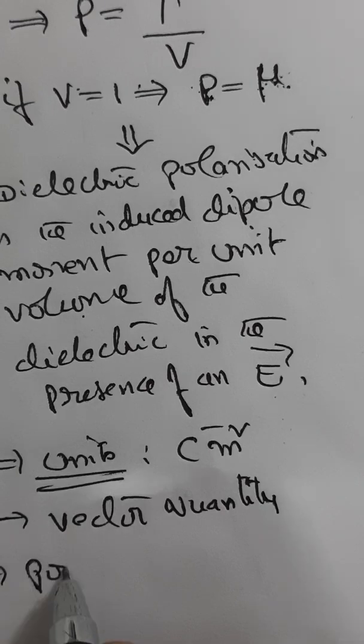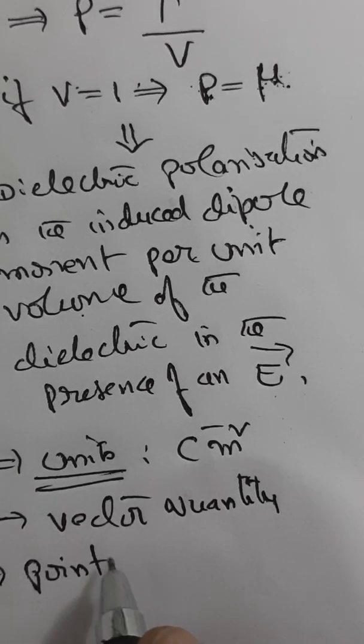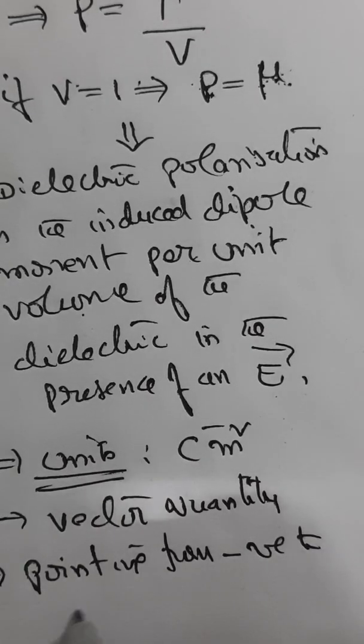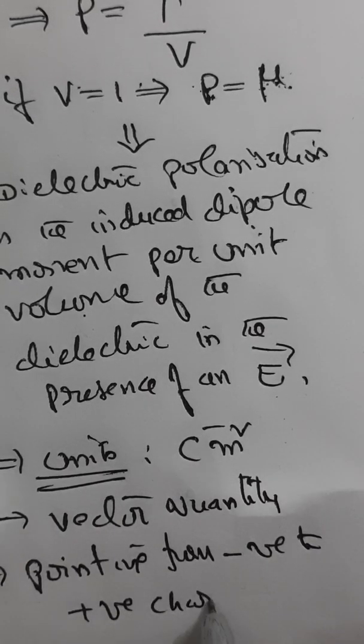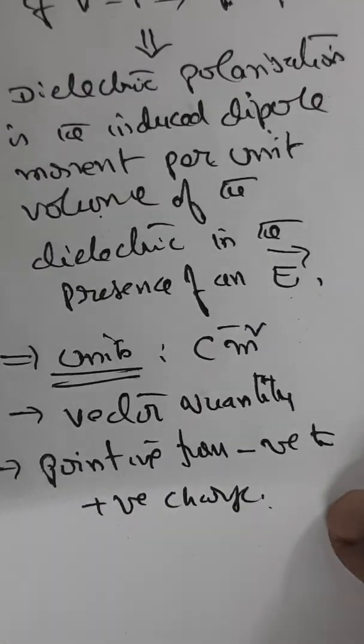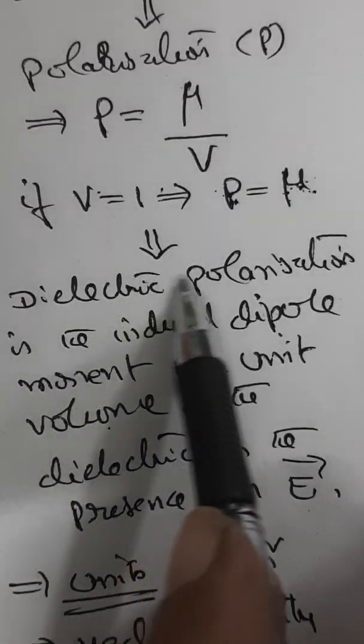That means just like dipole moment, it is pointing from negative to positive charge. How can we say it is negative to positive charge? What after all we got as P? Mu only, na?